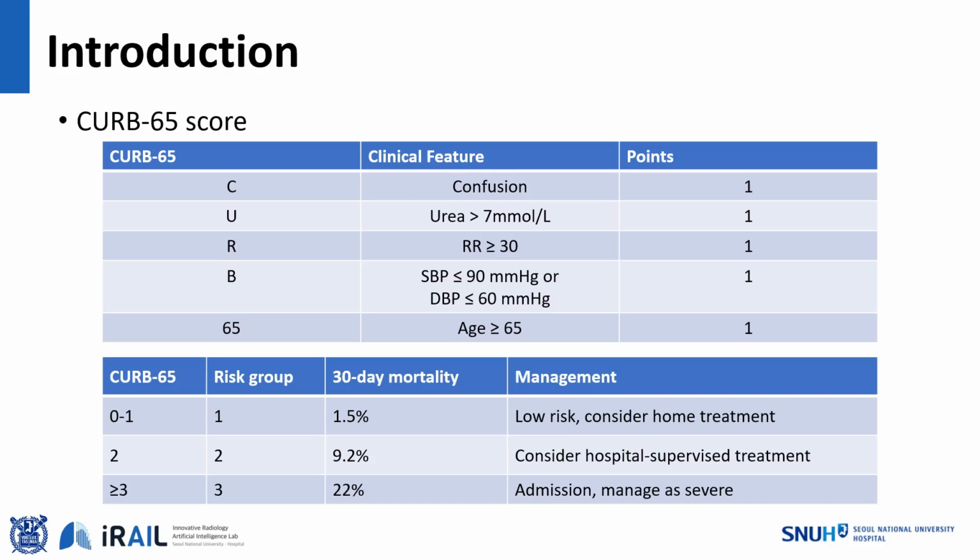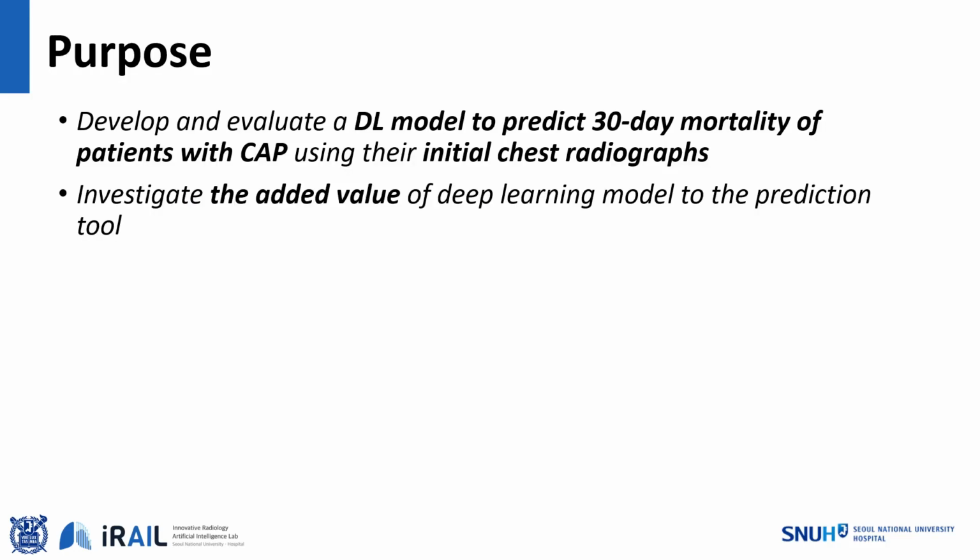The CURB65 score comprises 5 risk components. The purpose of this study is to develop and validate a deep learning model that predicts 30-day mortality in CAP patients using their initial chest radiographs, and we investigated the added value of the deep learning model for the prediction tool CURB65.